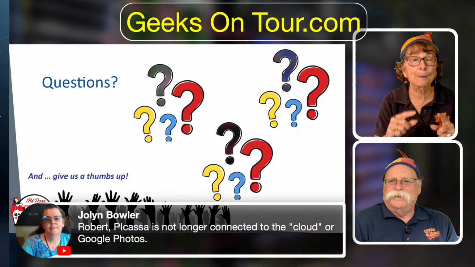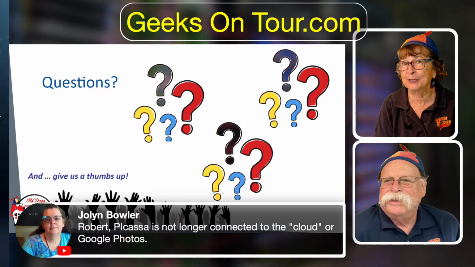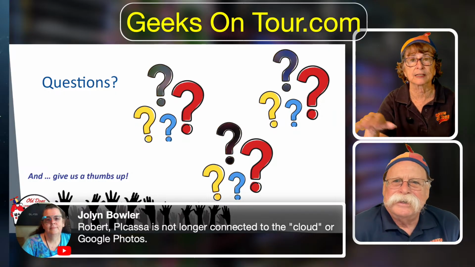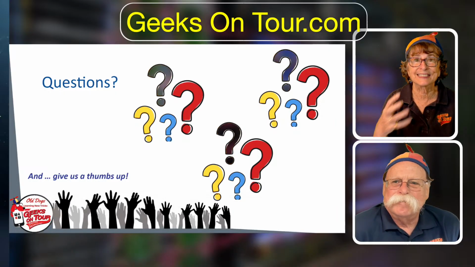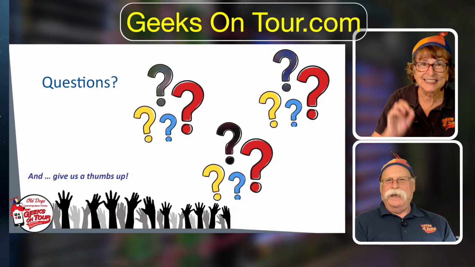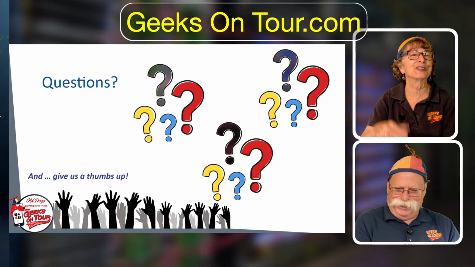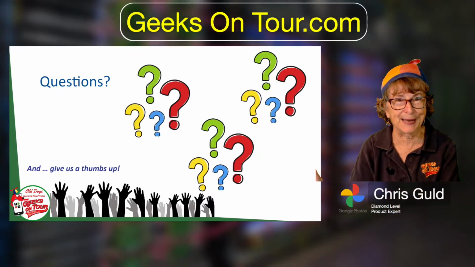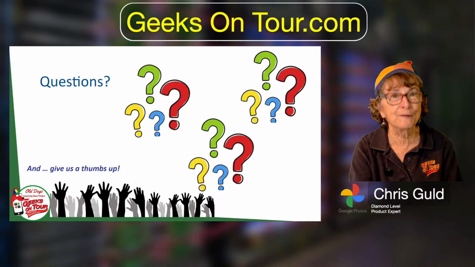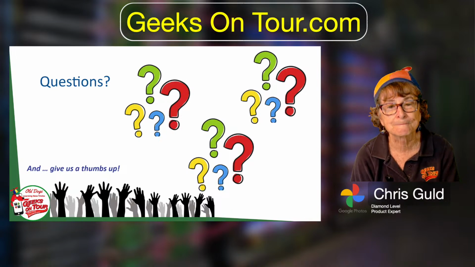It may upload it again as a different picture, but I'm not even sure of that. I don't think so. And Picasa is no longer connected to the cloud. But if he used Picasa to edit it and saved it in the folder that Google Photos is watching as the backup folder, if it sees it as a new photo, it will get uploaded.